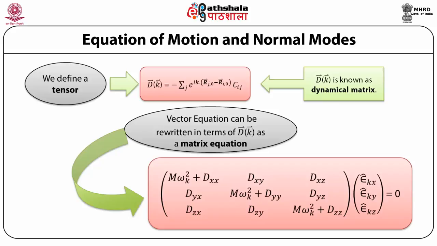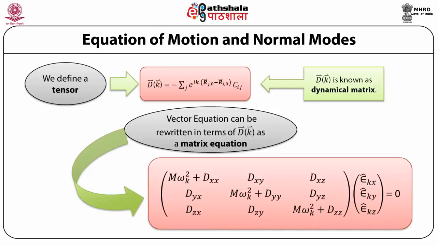Because remember that Cij is a 3 by 3 matrix, naturally Dk will also be a 3 by 3 matrix. What you see here right now is an equivalent expression of the last equation of the previous slide.